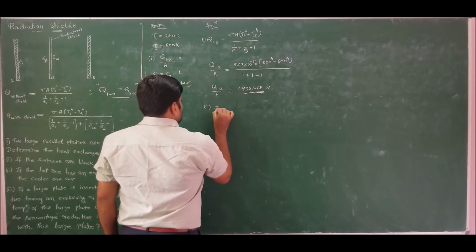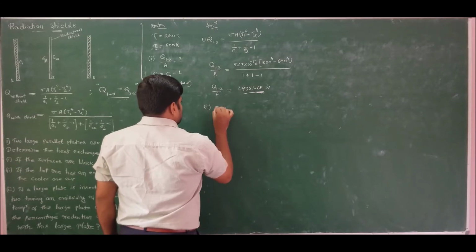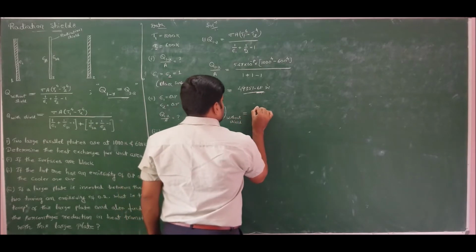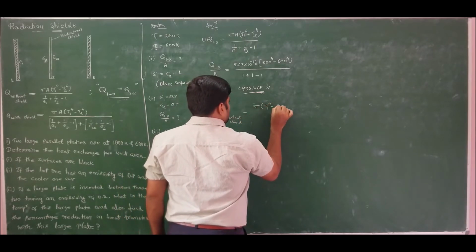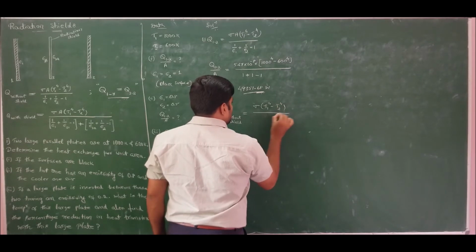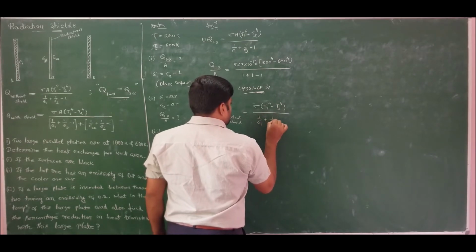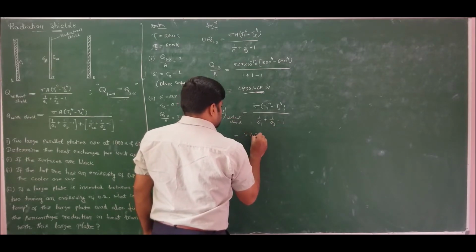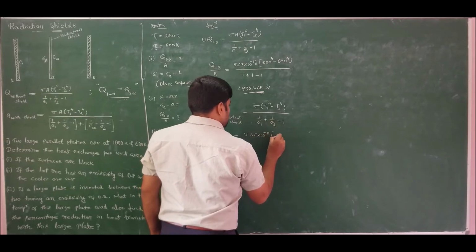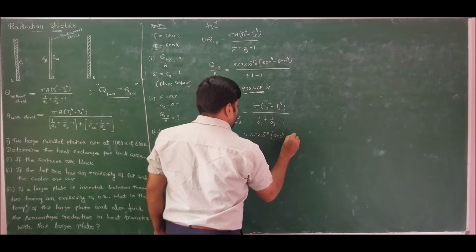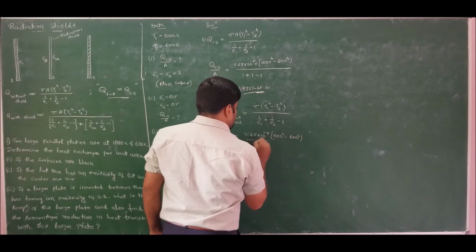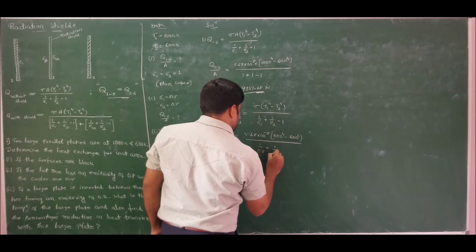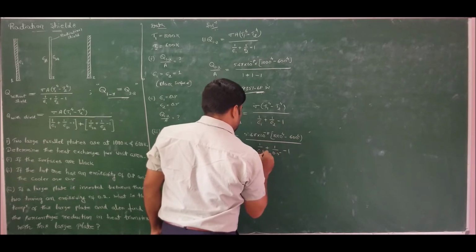Now moving for the second one. So Q12 by area without sheet is given by sigma (T1 to the power of 4 minus T2 to the power of 4) divided by (1 by epsilon 1 plus 1 by epsilon 2 minus 1), which is equal to 5.67 into 10 to the power of minus 8, (1000 to the power of 4 minus 600 to the power of 4) divided by (1 by 0.8 plus 1 by 0.5 minus 1).